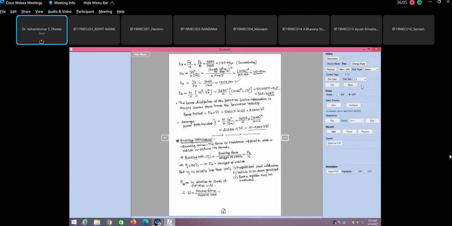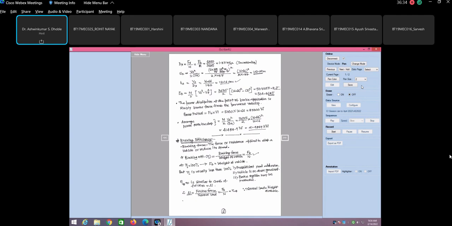So friction force, obviously it is braking force divided by normal force, and so from here you say that this braking efficiency, and as normal load is equals to weight of vehicle.